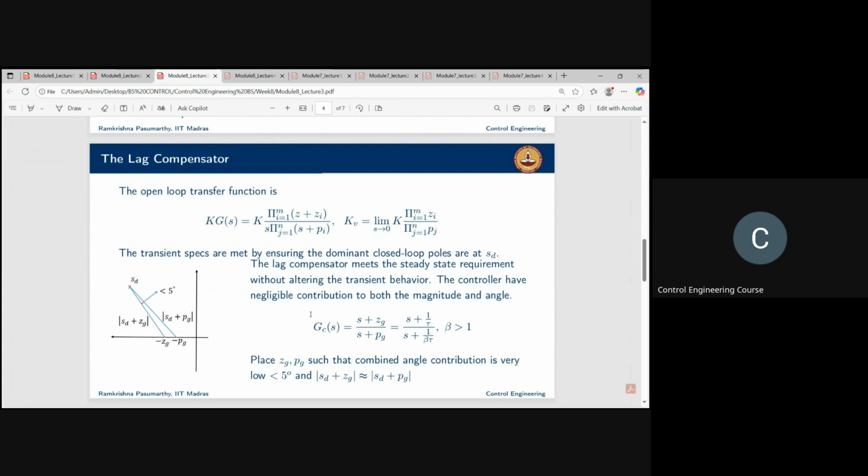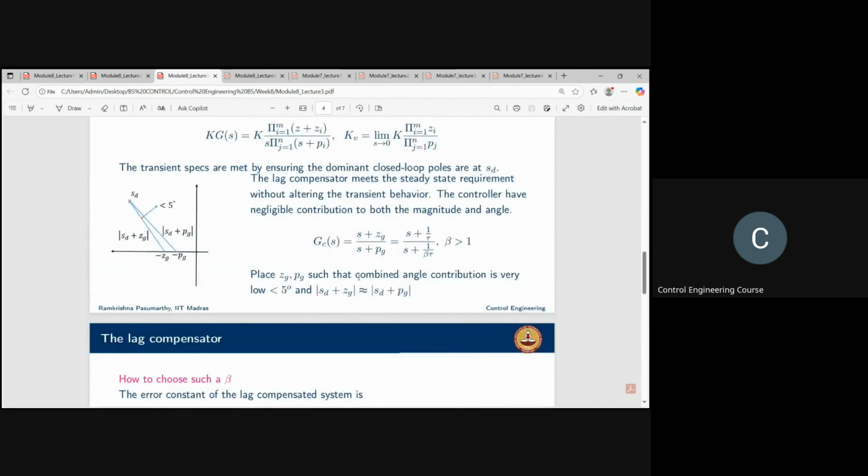You want an almost integrator here, so beta should be much, much greater than 1, so that you get s plus some very small number. So the pole of the lag compensator has to be really close to the origin, while the zero has to be really far away, so that it is almost like an integrator.